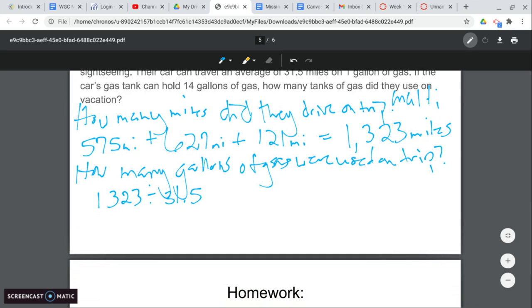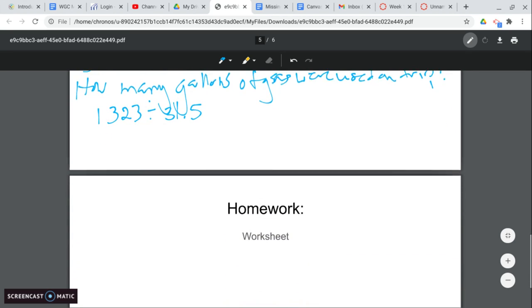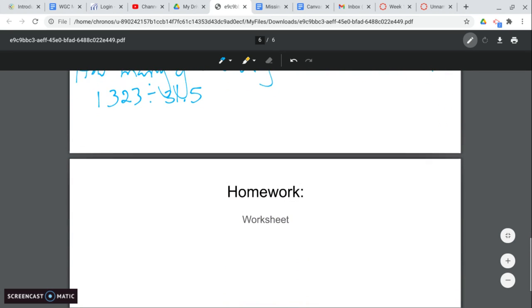So if we divide, once again, we need to move our decimal. So I'm going to come down here so I have some space. Move the decimal once. So we have 315 going into 13,230. Can 315 go into 132?